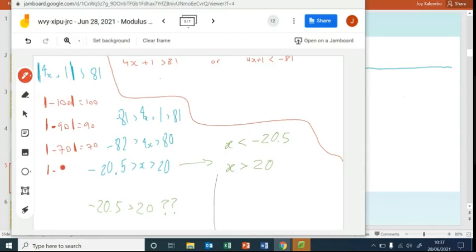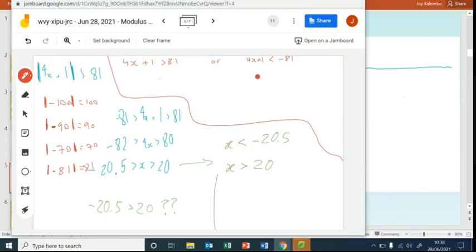Minus 81 doesn't work, that's equal to 81, but that's the boundary of where it works, the tipping point when it goes from working to not working. Anything above that, well, when we say anything above that, really we mean anything less than that. Exactly. So that's why I've got in this bracket 4x plus 1 is less than minus 81. Because if I can solve that inequality, then I've got all my values below minus 81 that work.